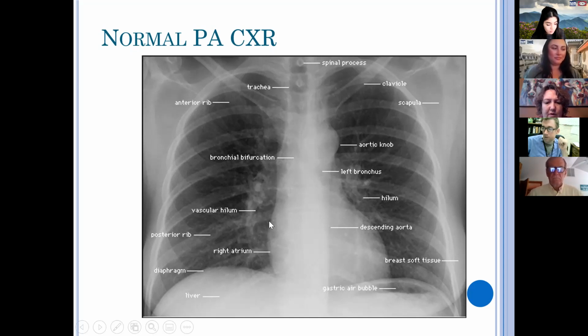This is the right atrium of the heart, and then you can see the descending aorta here. This outline that extends beyond the film is the outline of the breast tissue. The diaphragms here and here. Under the left diaphragm, there is a gastric air bubble. Under the right diaphragm is the liver.